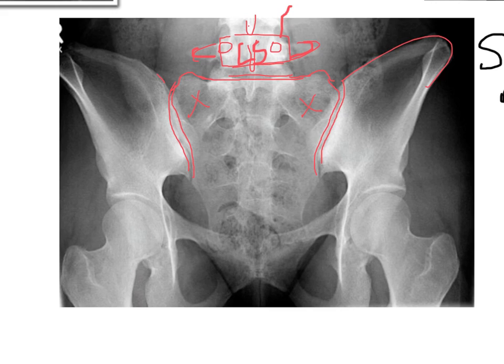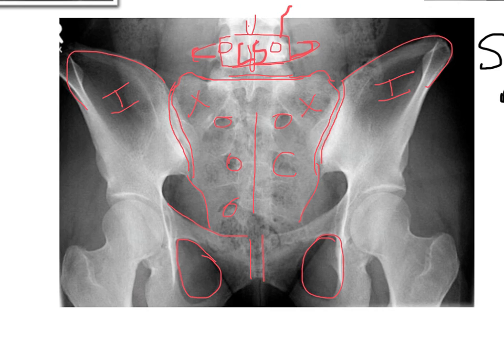Iliac crests, our ilium here. Sacrum comes down here, median sacral crest, sacral foramina, pubis symphysis, obturator foramen.